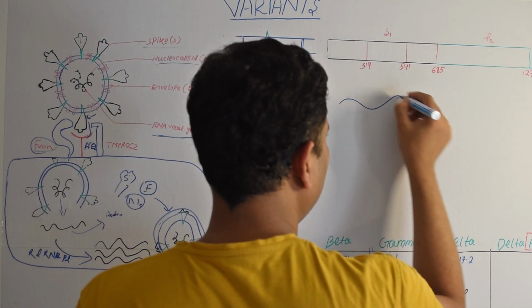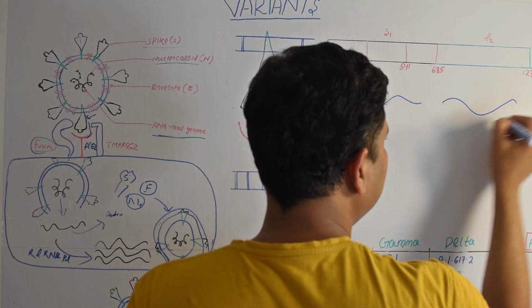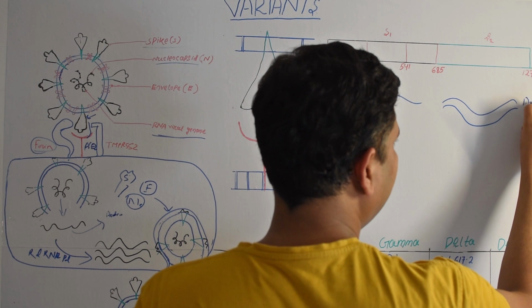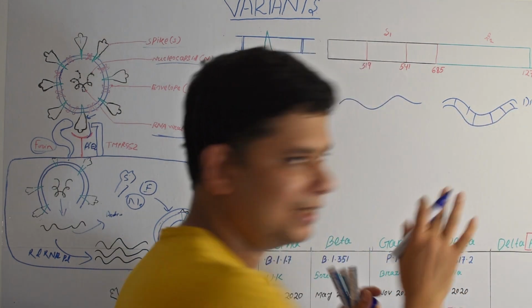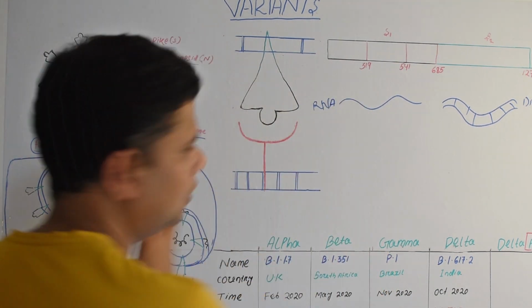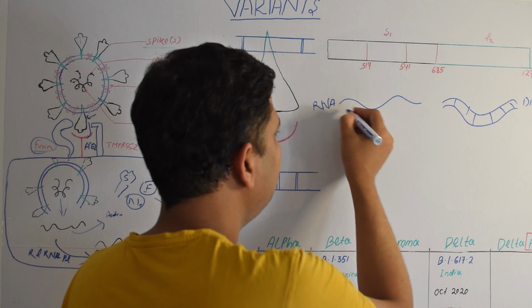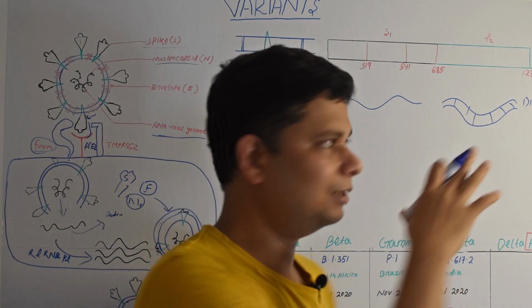This is RNA and this is DNA. DNA is present in our body, but RNA is in coronavirus. This RNA is single stranded, but the DNA we have is double stranded.